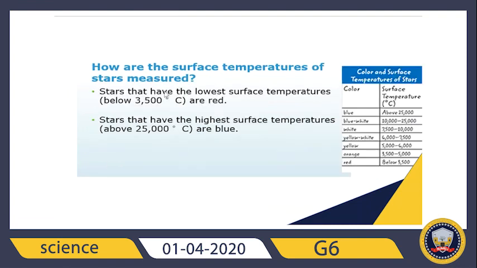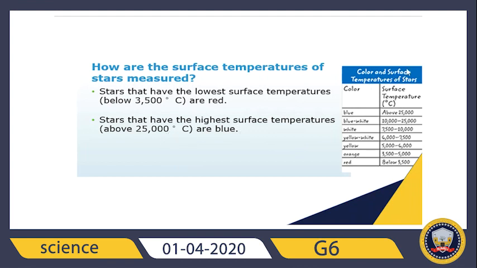So guys, stars that have the lowest surface temperature, below 3,500 degrees Celsius, are red, while stars that have the highest surface temperatures, above 25,000 degrees Celsius, are blue.